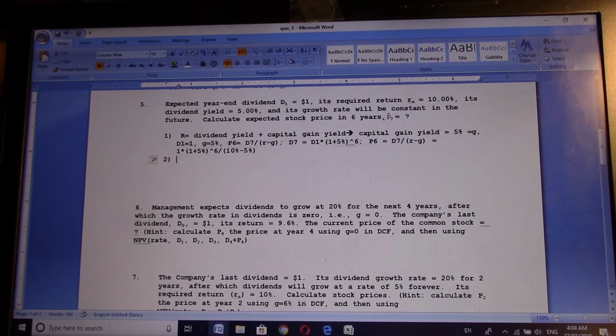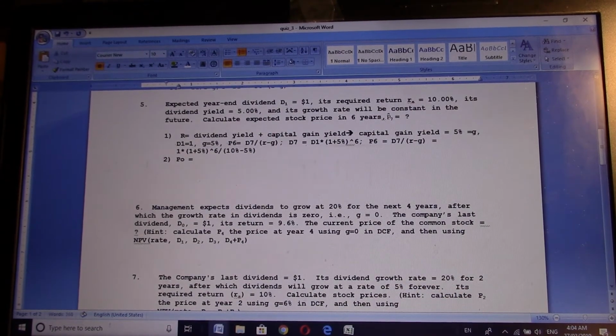Second way: since we know capital gain yield is associated with stock price increases, and the information is all there, we can figure out the P0.